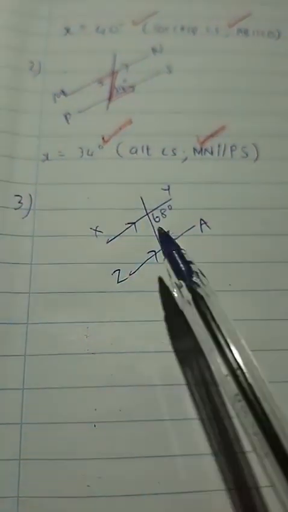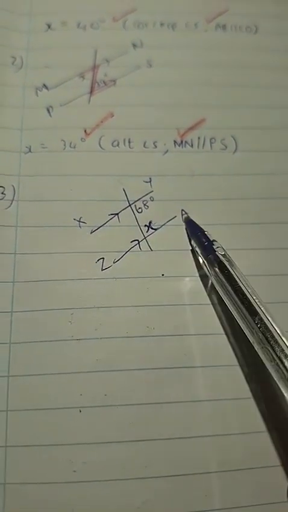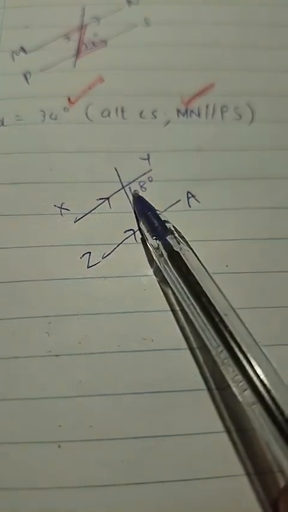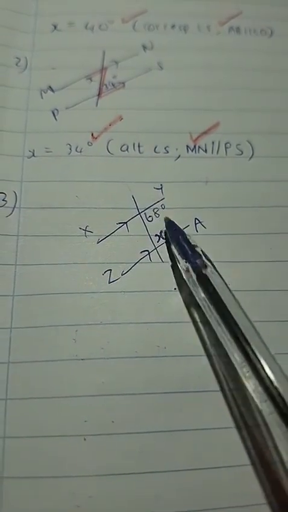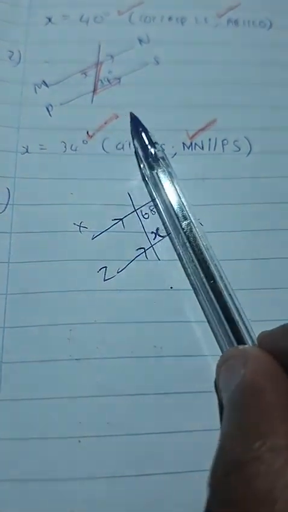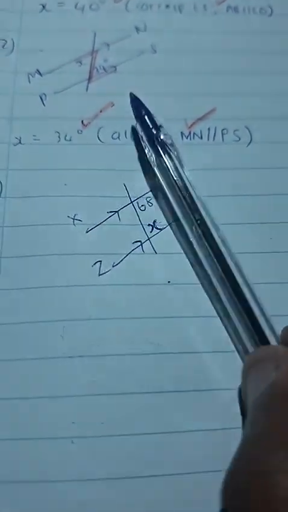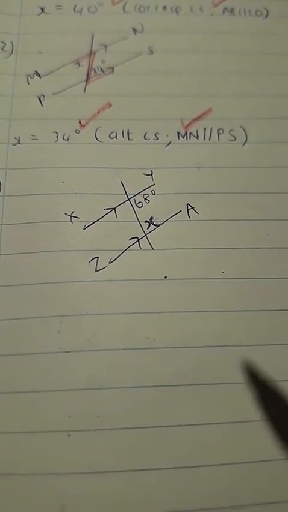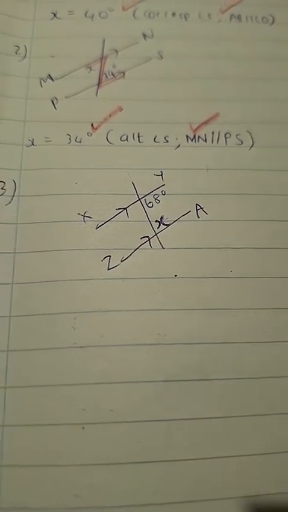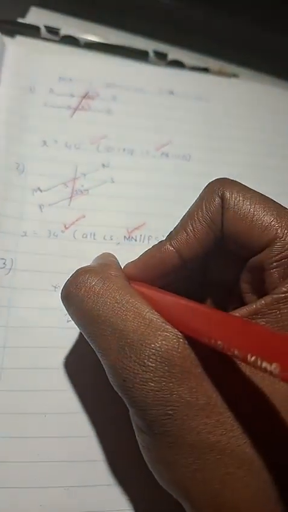Now let's look at it. So XY and ZA, like I said, are parallel lines. The angle 68 and the angle x are actually located within the parallel lines and on the same side of the transversal line, which is basically helping us to understand that if that is the case, then what letter is being formed here?